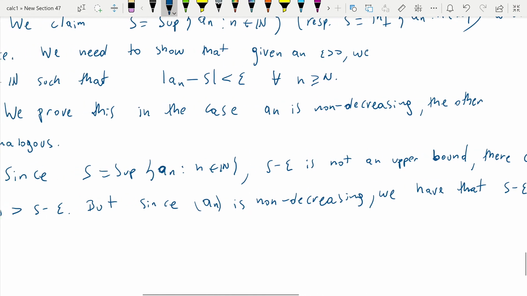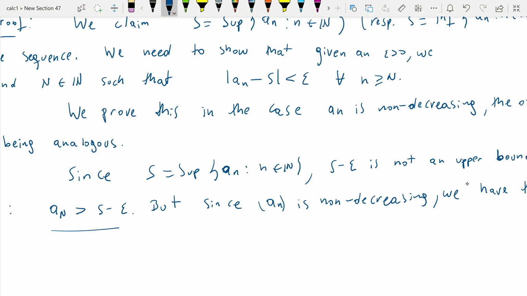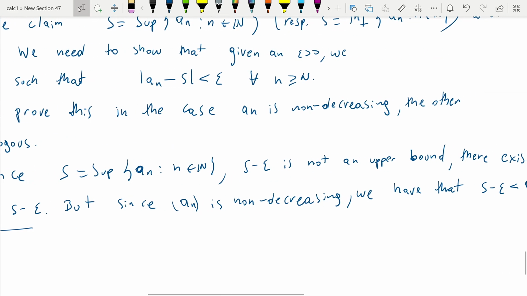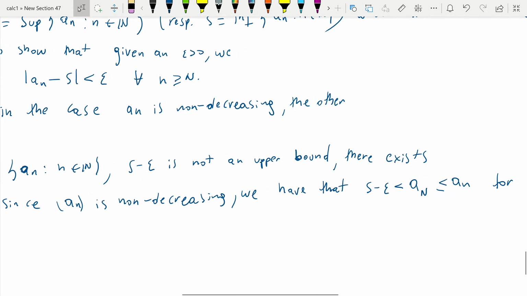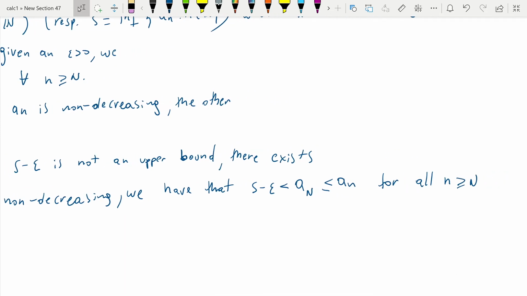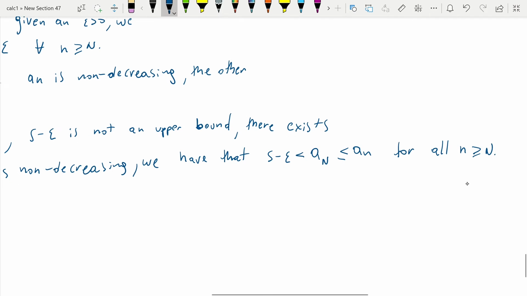I mean, we knew that this was true because there must be an N in the naturals such that this holds. Otherwise, S minus epsilon would be an upper bound for the set. Right, so we've shown that for all n greater than or equal to this N, a_n is greater than S minus epsilon.